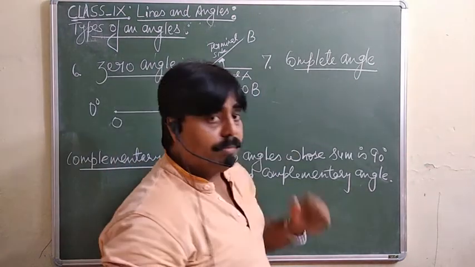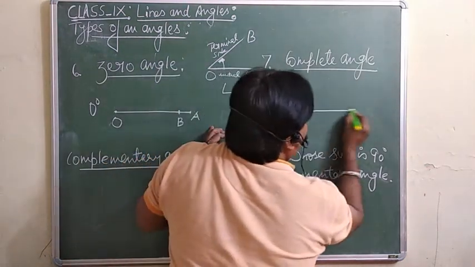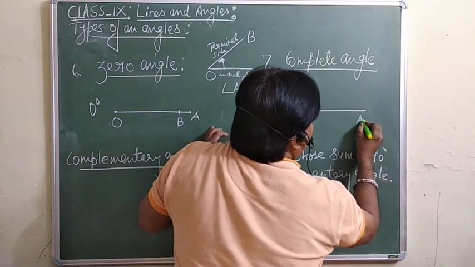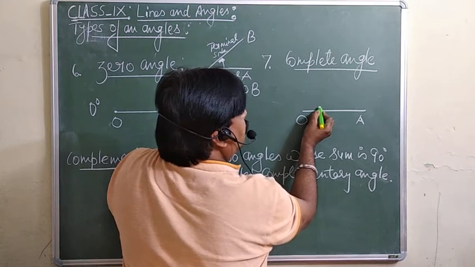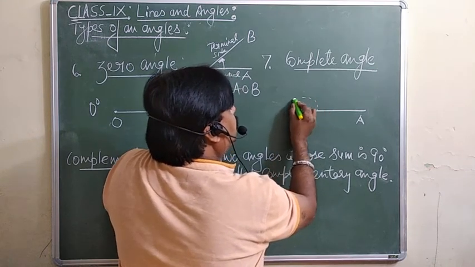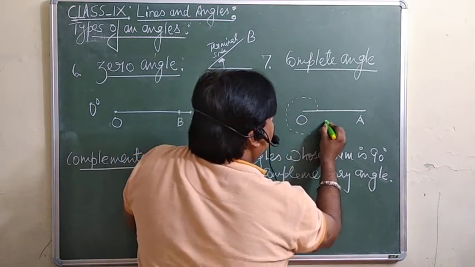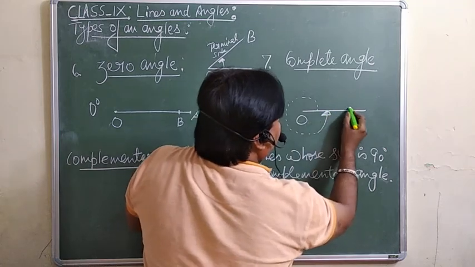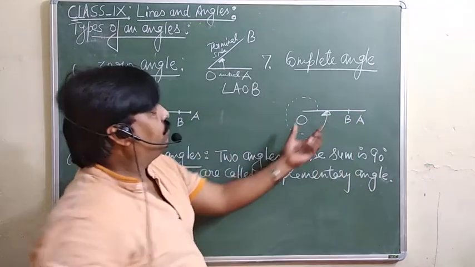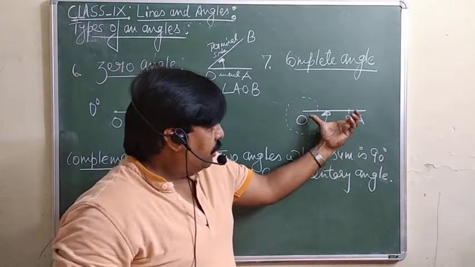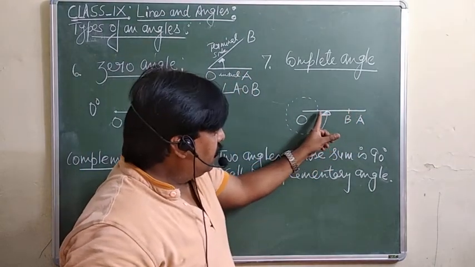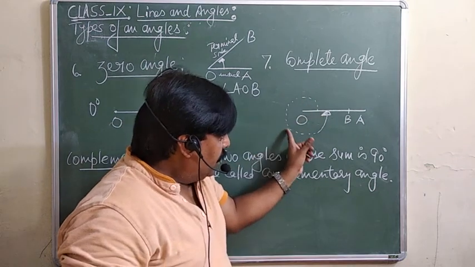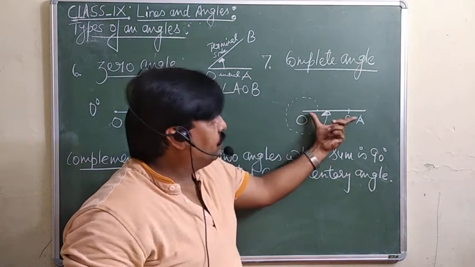But to become a complete angle, this is your initial side, and the terminal side is coming out from this initial side, and after completing one revolution, it is going to overlap the initial side. Terminal side is coming out from OA, and then it overlaps the initial side.